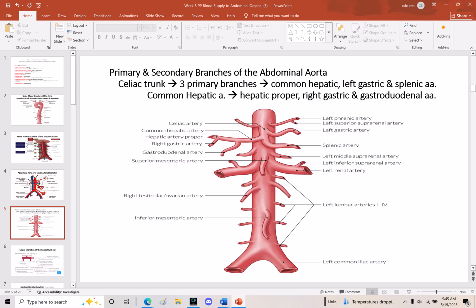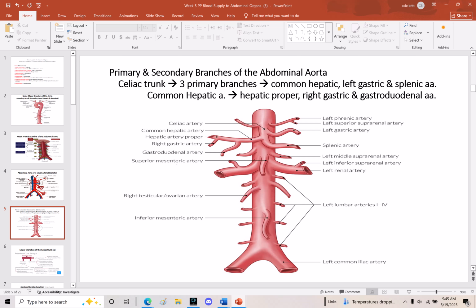And what that does is come together with the left gastro-omental artery and make an end-to-end anastomosis around the greater curvature of the stomach. Supplies the greater curvature of the stomach, supplies the greater omentum. Then makes its way on down around the pancreas. We'll talk about that shortly.